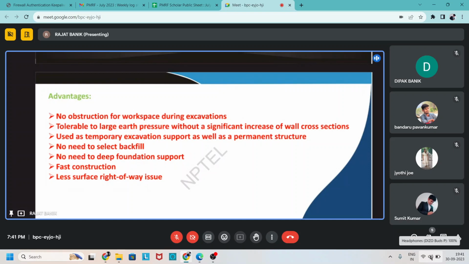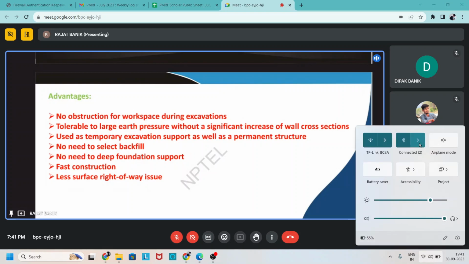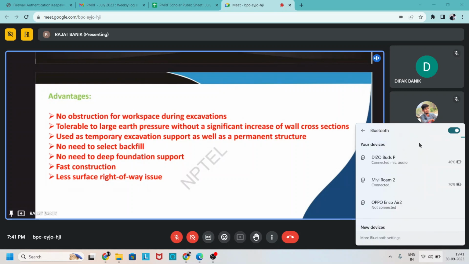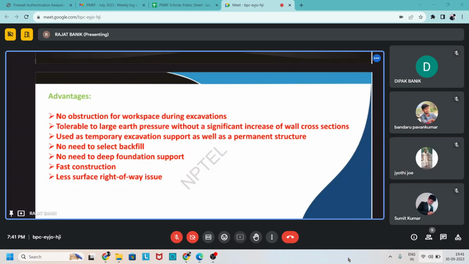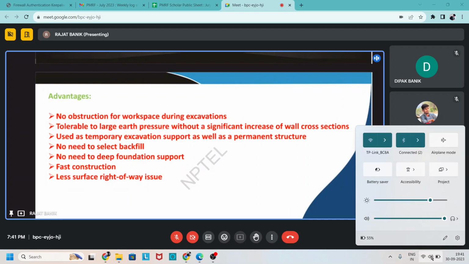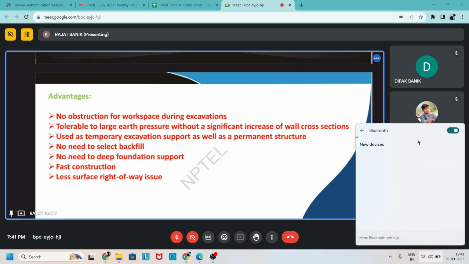That means if you apply this technique to stabilize a slope near an existing road, there is no need to disturb the traffic on this road. We can use it easily with less arrangement, and construction is very fast.